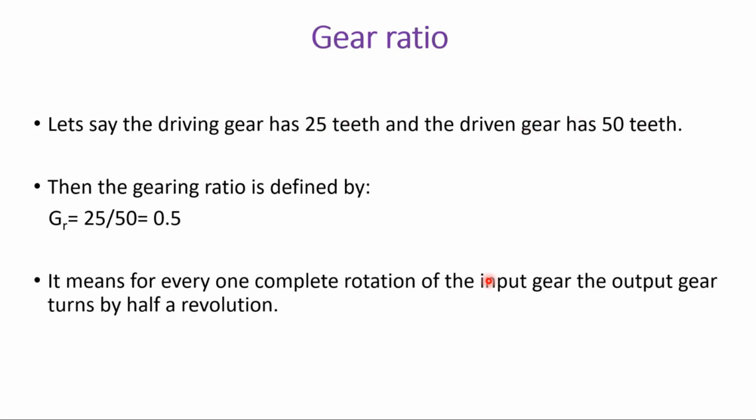Then the gear ratio is defined as the number of teeth on the driving gear to the number of teeth on the driven gear, which means 25 by 50, which is nothing but 0.5. The gear ratio is 0.5.